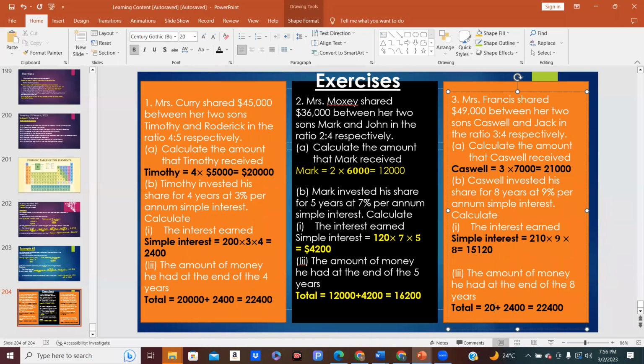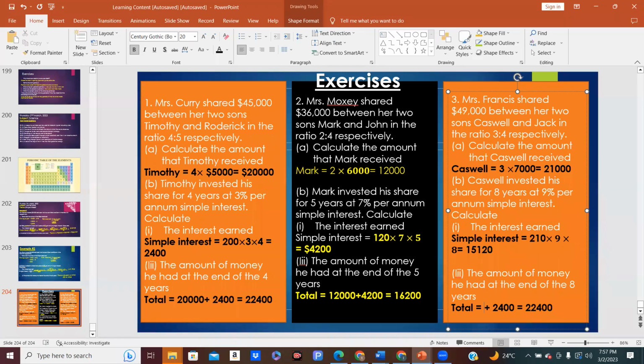You put the wrong number there. What you did was you took the 1 equal part and you didn't multiply it by 3 to get Caswell's share. You used the 1 equal part in your simple interest. You see that? Oh, I rushed it. Okay, I understand.